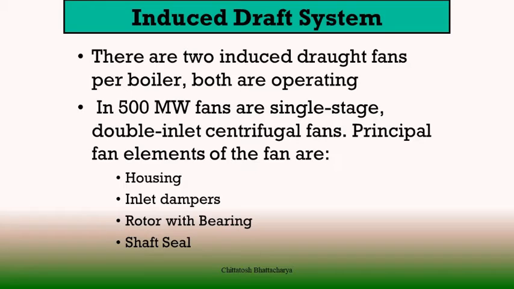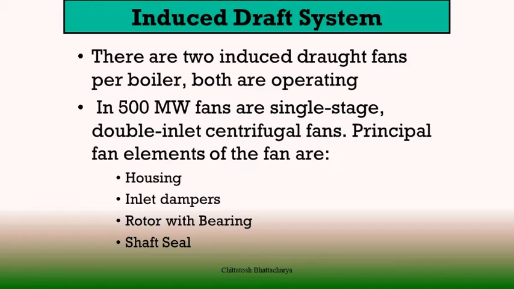In these units, the two ID fans are drawing flue gas from the ESP and disposing it to the chimney, and these ID fans have more volumetric capacity compared to the FD fan, because they are handling hot flue gas, and all FD and PA fans are handling atmospheric condition air. So naturally ID fan capacities are more than the FD or PA fan.